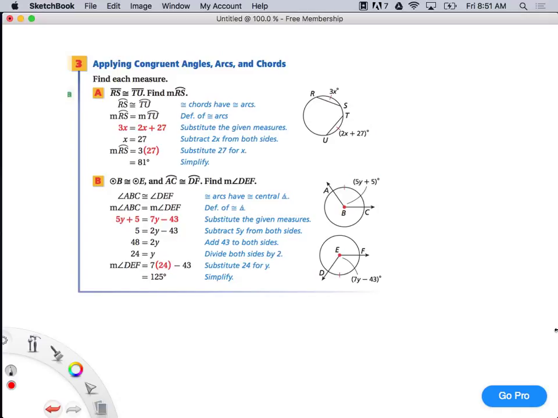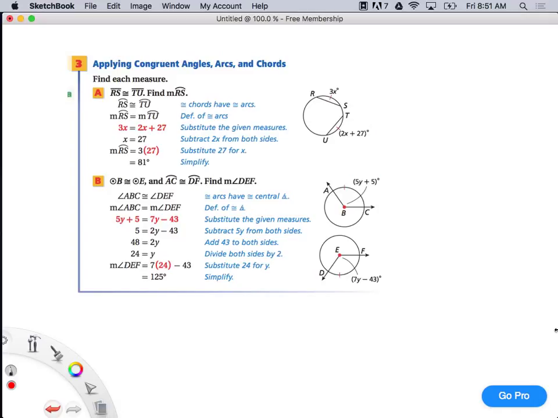These two chords, you see them? What makes them a chord, first off? The endpoints are on the circumference, right? It goes from one side of the circle to the other. So if these two chords are congruent, then the measures of their arcs are congruent. Does that make sense? The chords are congruent, the measures of the arcs are congruent.